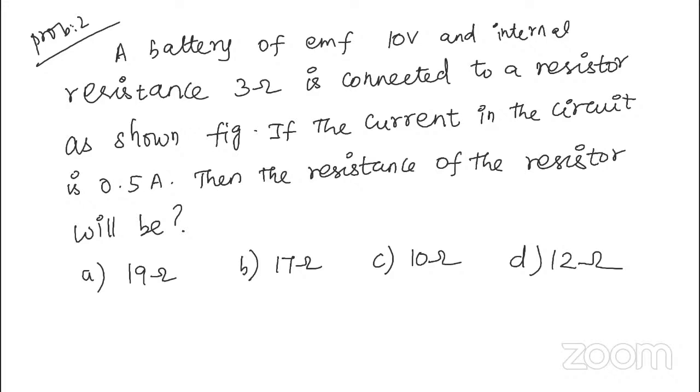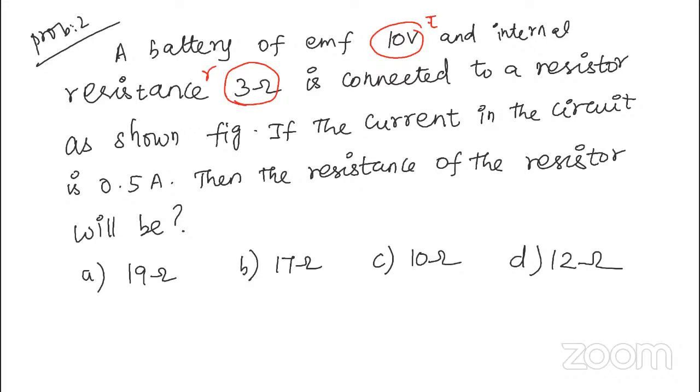The same formula is used to calculate the resistance. Okay, let us try it now. First we have to decide the values that are given. Here they have given the E value, that is 10 volt. Then they have given the internal resistance value, so take it as small r.